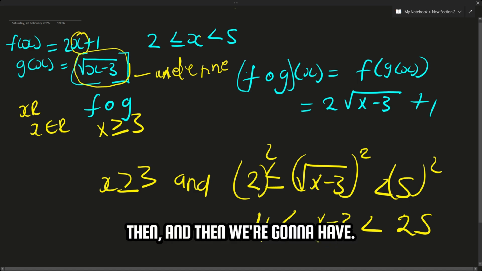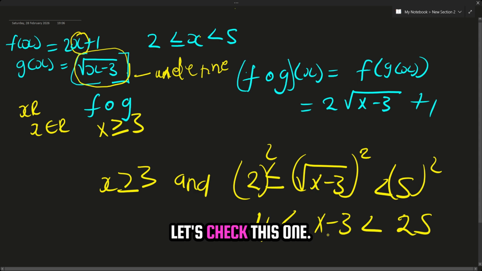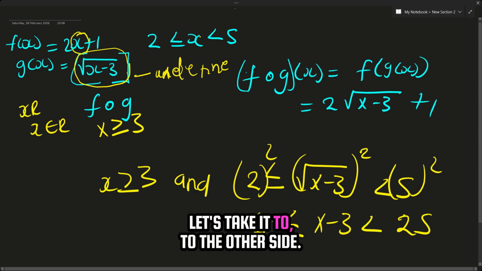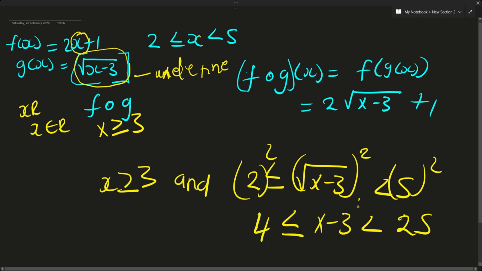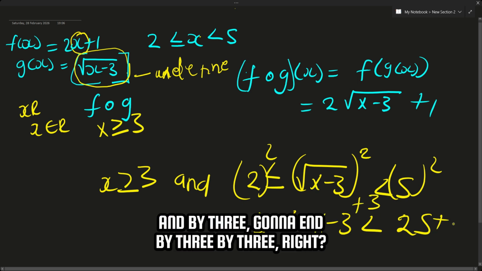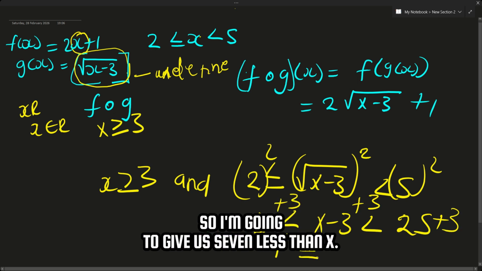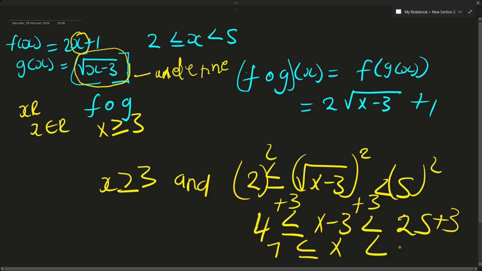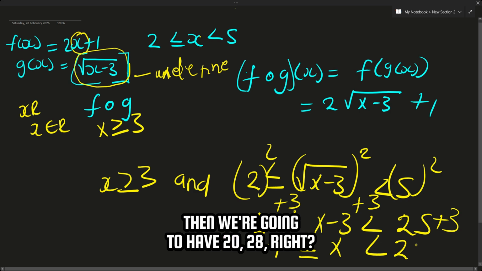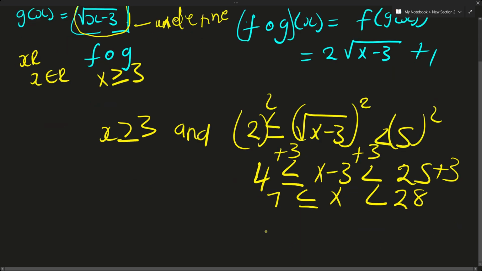Then let's take the 3 to the other side. We're going to add 3 to each side, so it's going to give us 7 less than or equal to x, less than 28, right?